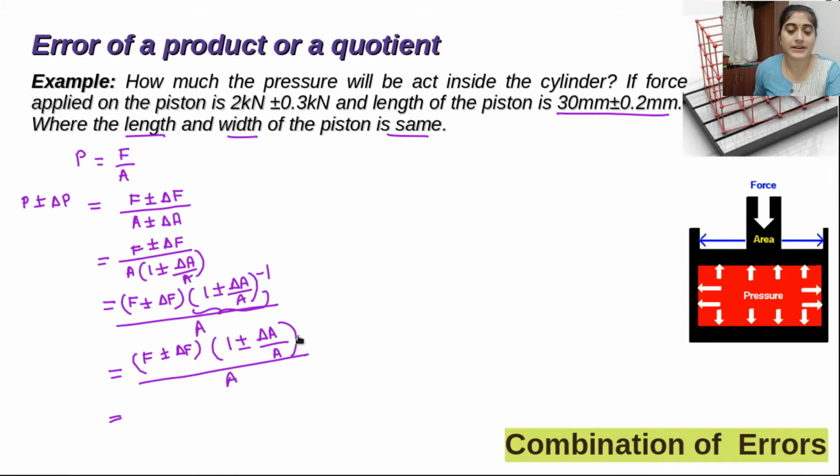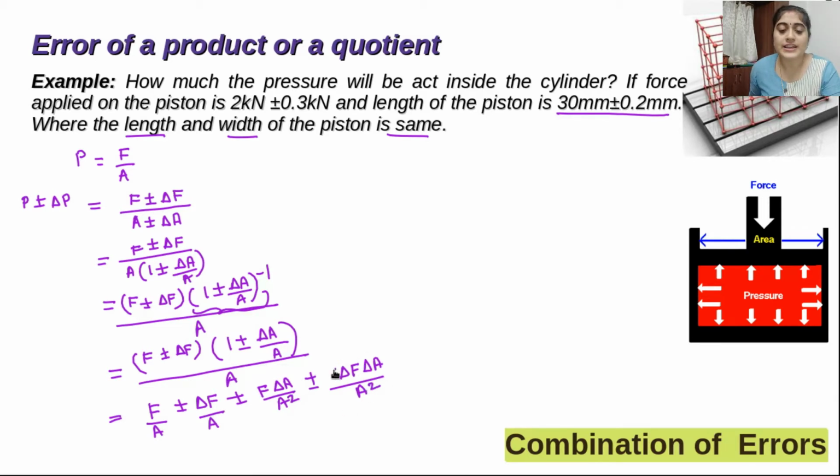Now I am simply multiplying. It will become F plus minus delta F plus minus F into delta A by A plus minus delta F into delta A by A. And if I divide by A, this will become F by A, this will become delta F by A, and this will become A square.